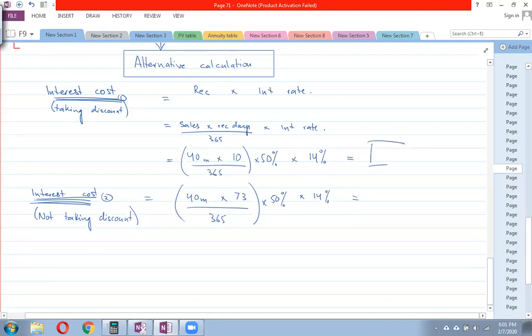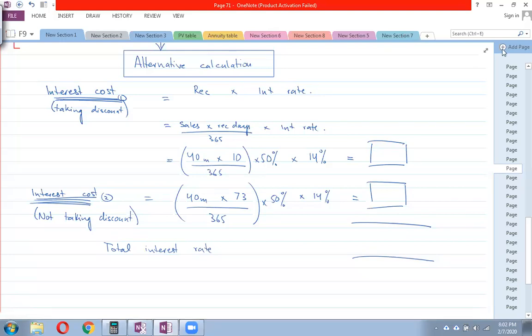So can you get me this figure and this figure and then calculate the total interest cost? Those who are taking the discount, how much is it? 0.0767. Okay, what about this one? 0.56. Okay, if you add these two together, what do you get?